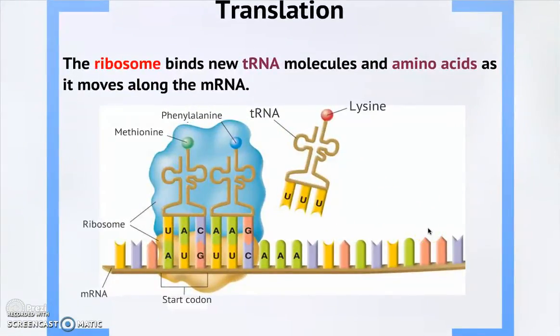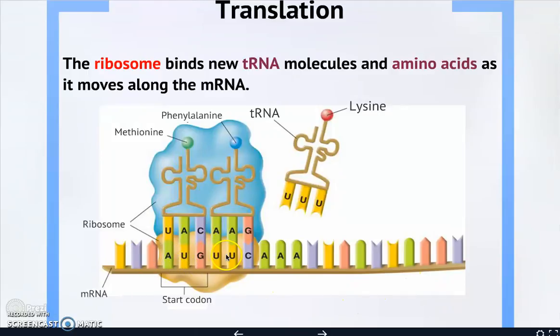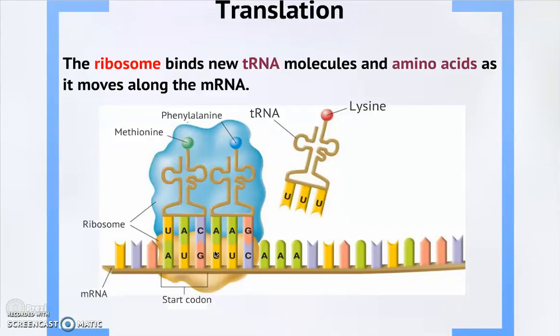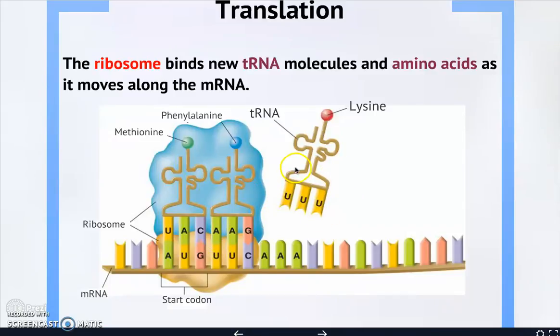Okay, so the ribosome binds a new tRNA molecule and the amino acid as it moves along the mRNA. Here's our section of mRNA, which was made in the nucleus and traveled to the ribosome. Here we have these tRNA molecules, which stand for transfer RNA, and they're coming along with the corresponding RNA and laying it down and forming a polypeptide chain.